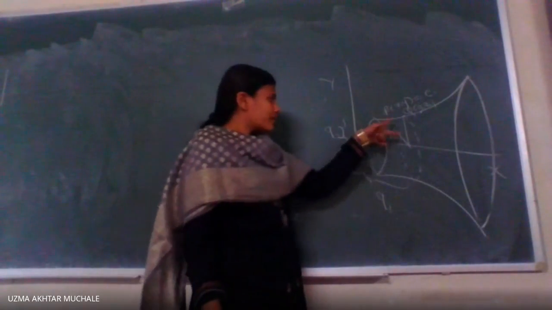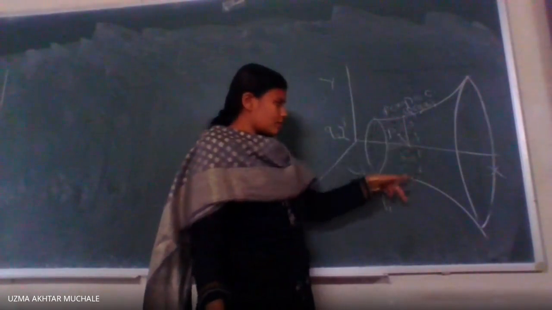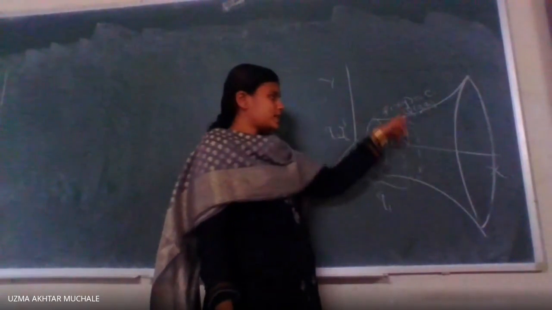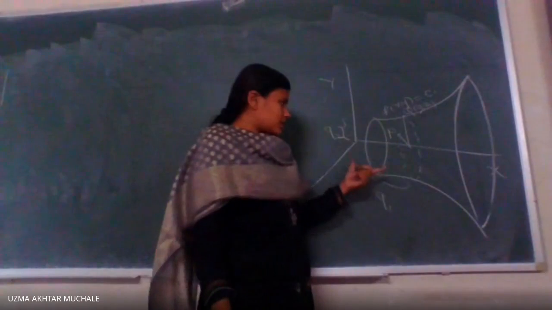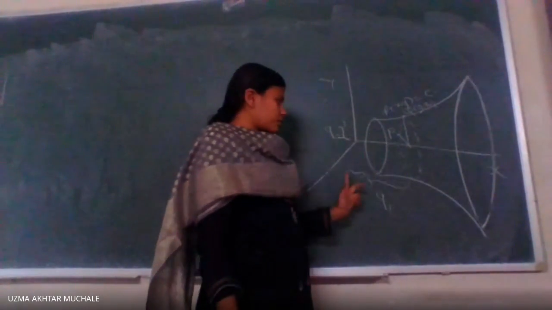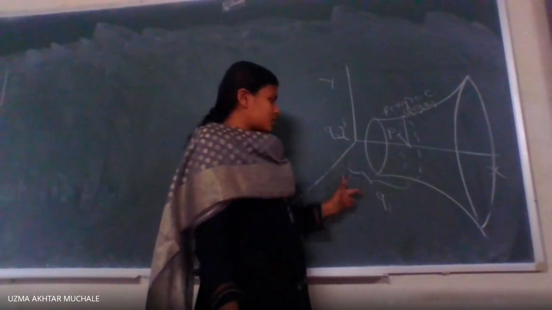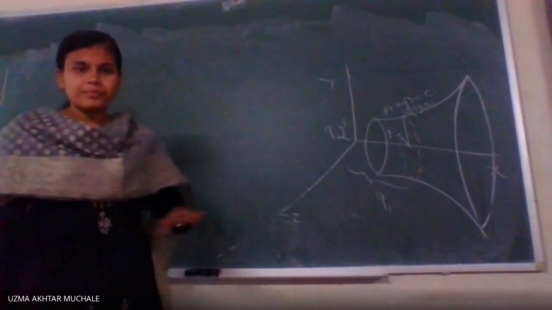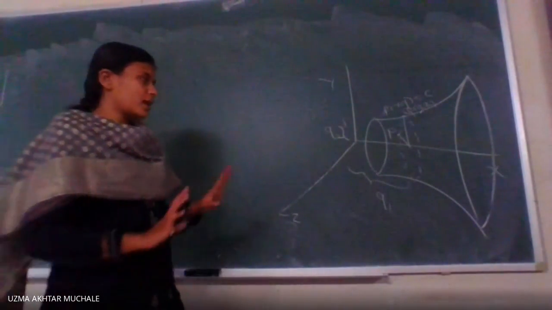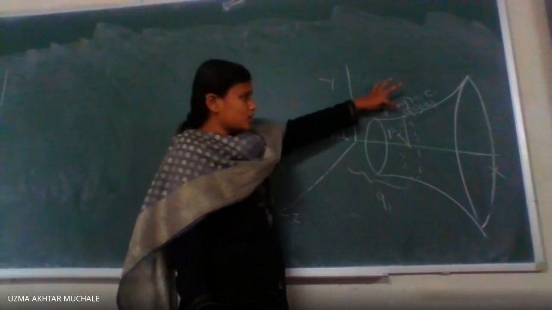So the radius of this circle which we have revolved around the x-axis is Q2. That is the radius. The distance of this circle from our origin in the x direction is Q1, right? So these two things we have verified. Okay, this is a point Q on the curve.